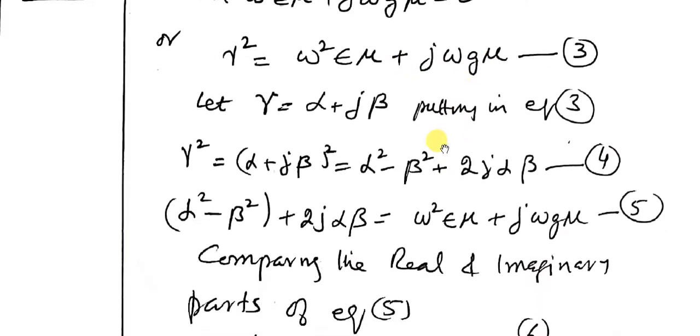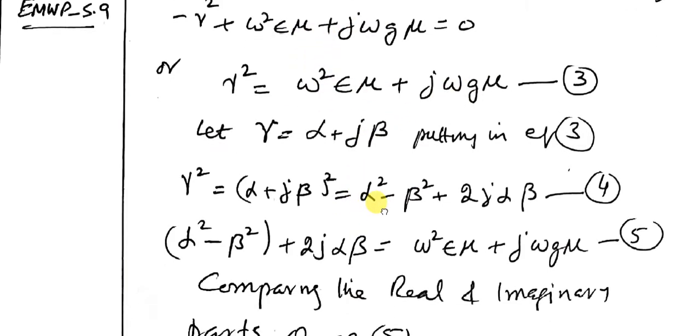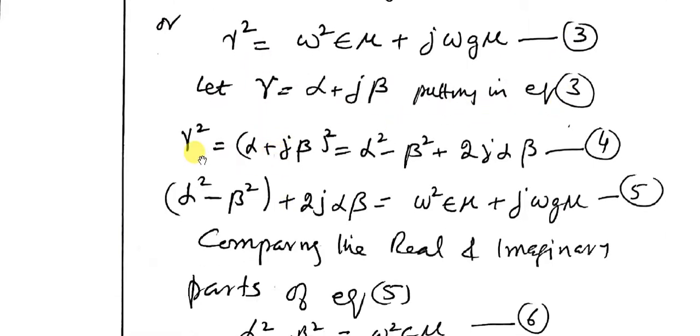Now let's take that gamma, which we can see here is a complex function, equal to some alpha plus j beta. Now putting that in equation number 3, gamma square is equal to alpha plus j beta whole square.